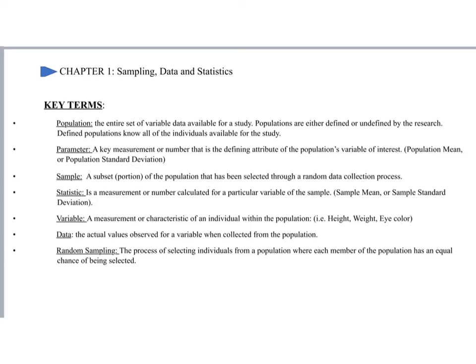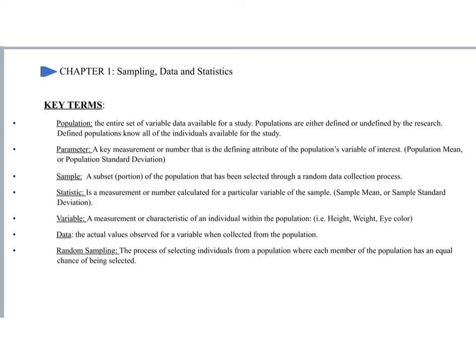Populations are either defined or undefined by the research. A defined population knows all of the individuals available for the study. Parameter: a key measurement or number that is a defining attribute of the population's variable of interest. Population mean or population standard deviation are key parameters.